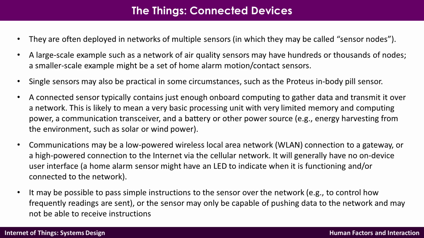But there are certain sensors or applications where deploying one sensor might be good enough. For example, in the previous in-body pill sensor, you only need one sensor embedded in your pill, which will tell whether someone has taken the medication or not.